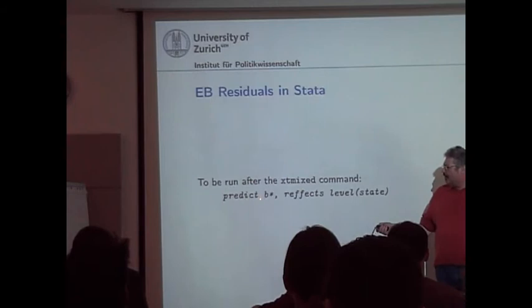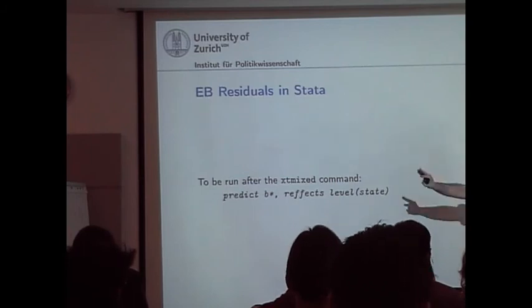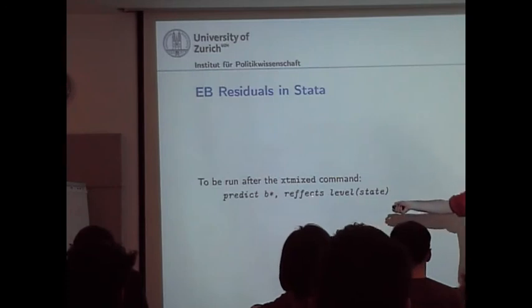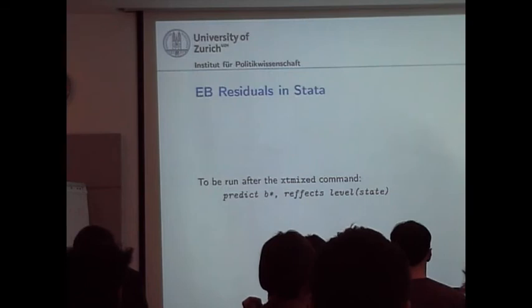And to get these empirical Bayes estimates, this is the syntax. Predict b*, this asterisk is just a placeholder, so Stata can say b1, b2, b3, b4. Reffects is random effects, and level tells Stata at which level you want these random effects.